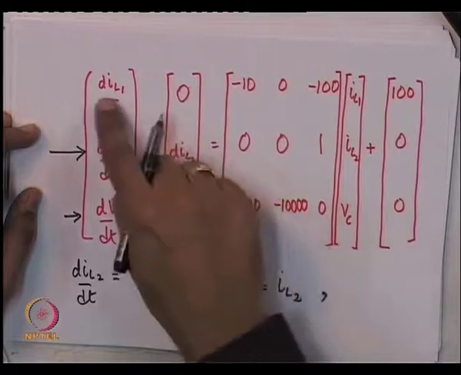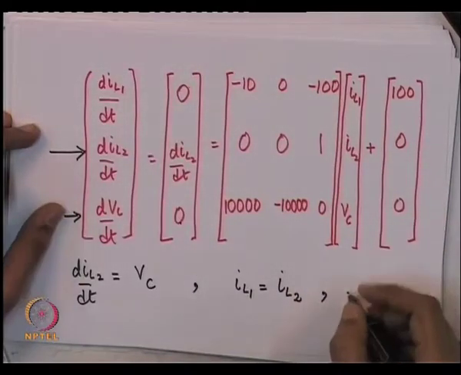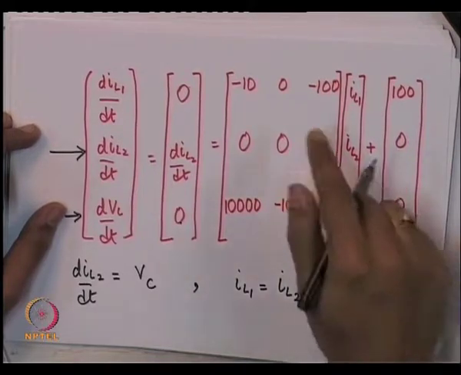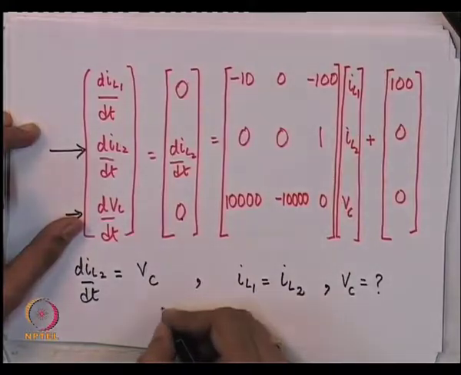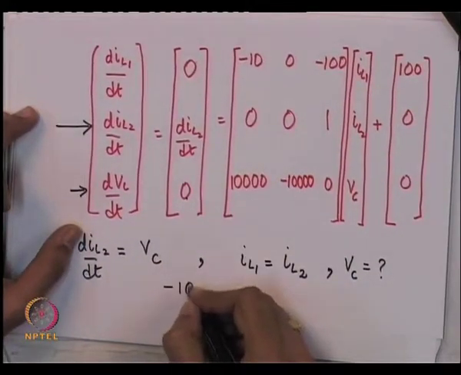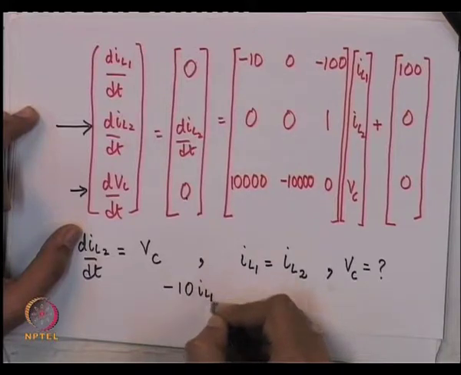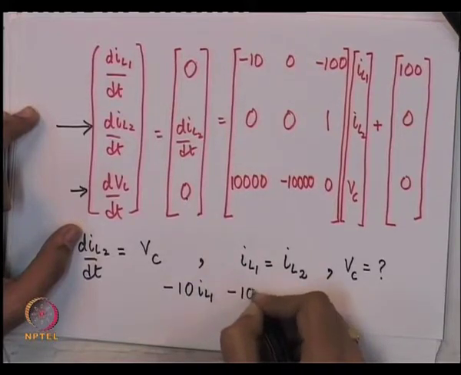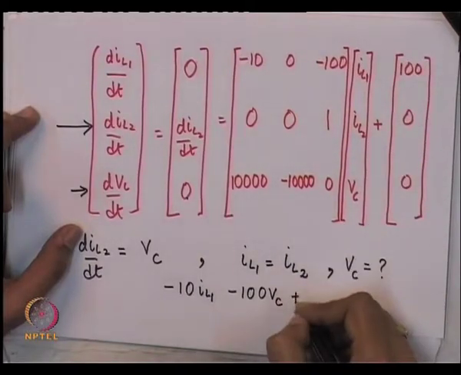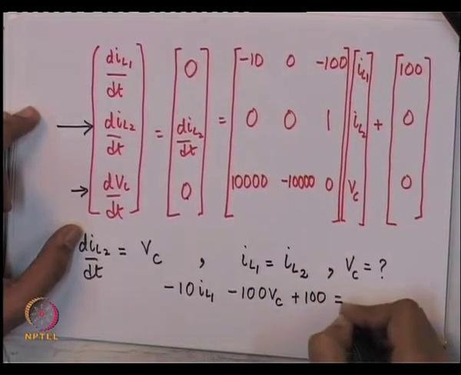from this we will get Vc is equal to what? What we have here is minus 10 times IL1 minus 100 Vc plus 100 is equal to 0.